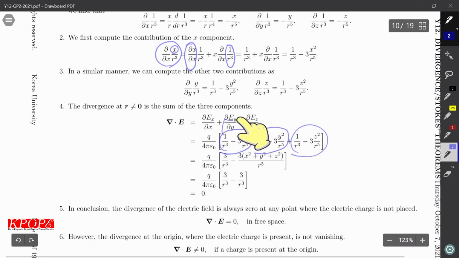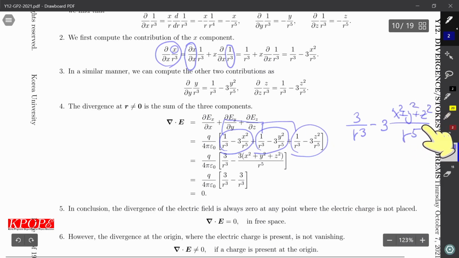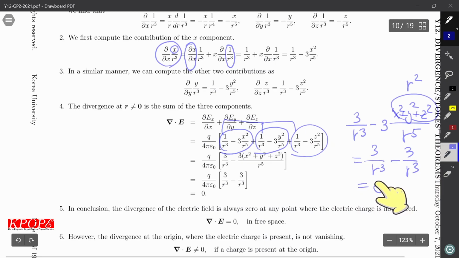If we add the first 3 terms, we have 3 over r cubed, and the second one, x squared plus y squared plus z squared over r to the 5th power. This one is r squared. Therefore, we have 3 over r cubed minus 3 over r cubed equals 0.